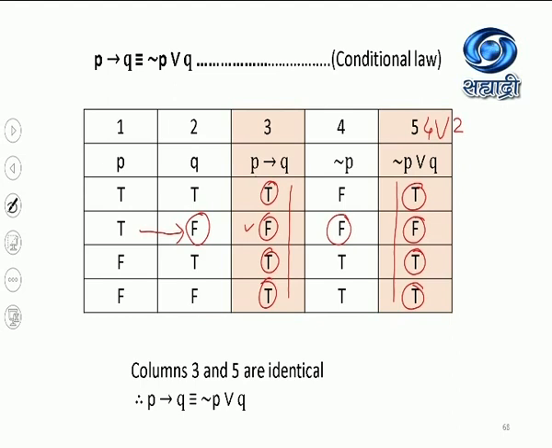Instead of preparing two different truth tables, we combine them in one truth table, and the columns indicating the respective LHS statement pattern and RHS statement pattern, if they are identical, you can conclude that the two statement patterns are equivalent. Now please note, the question comes for 3 marks. Maybe 1 mark will be for this LHS column, second mark for the RHS column, and third mark for the conclusion with reasoning.